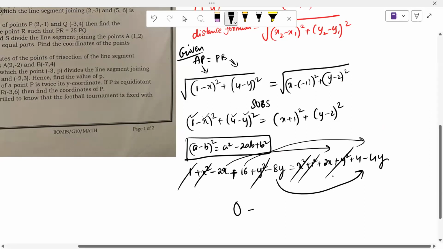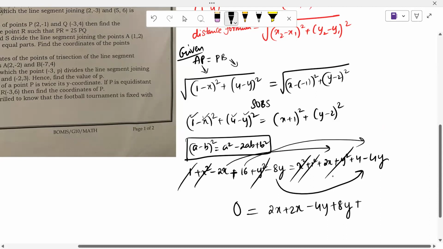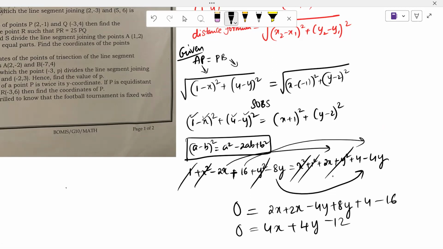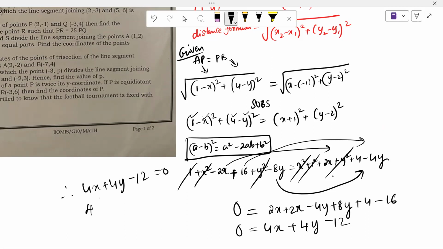Then 0 equal to 2x plus 2x, minus 4y plus 8y, plus 4 minus 16. So 0 is equal to 4x plus 4y minus 12. So therefore 4x plus 4y minus 12 equal to 0. Take 4 common: 4 times (x plus y minus 3) equal to 0.